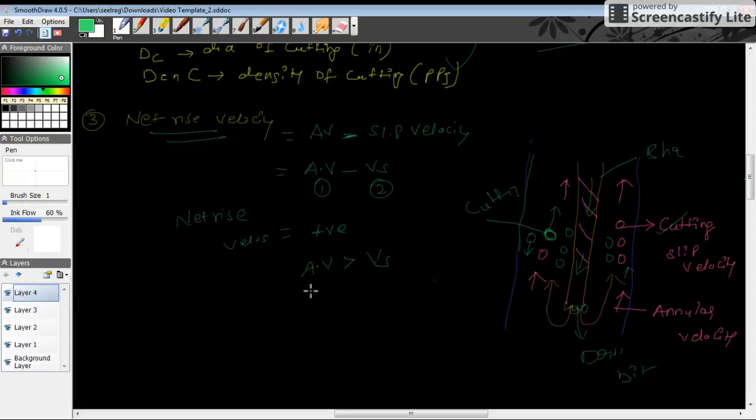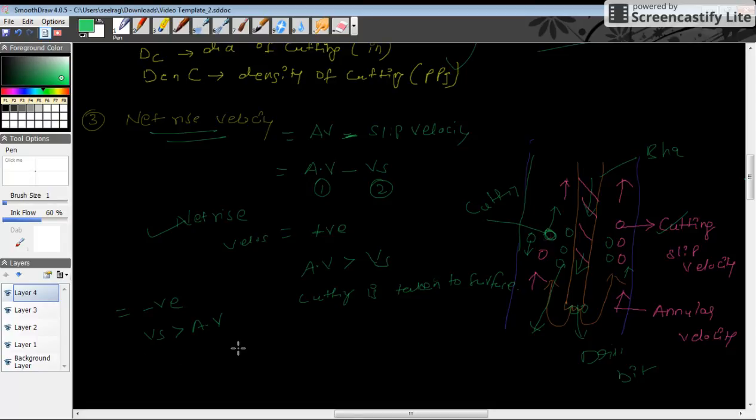This means the cutting is taken to the surface. If net rise velocity is negative, this means slip velocity is greater than annular velocity, so the cutting will fall down into the wellbore.